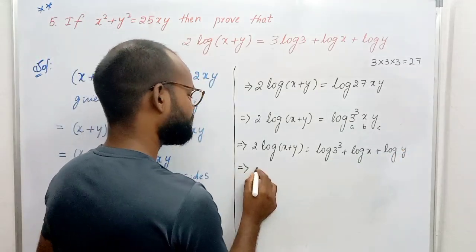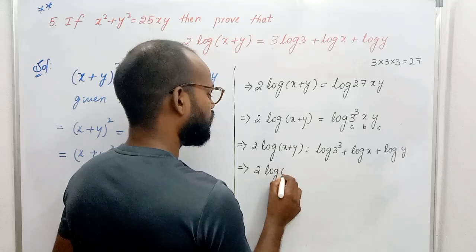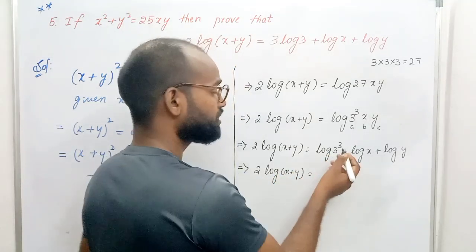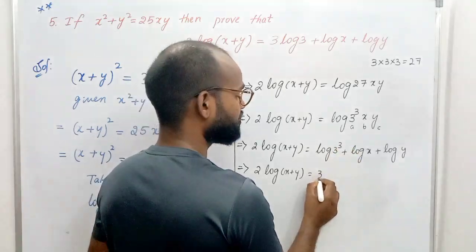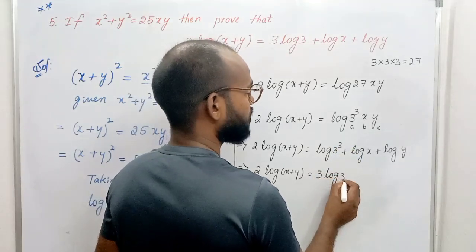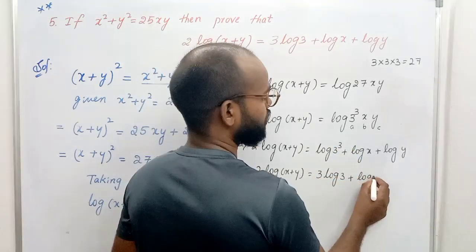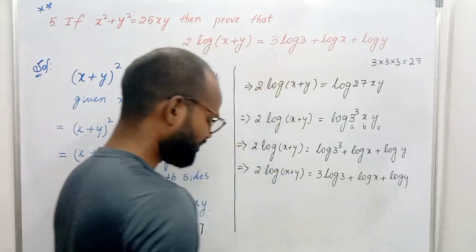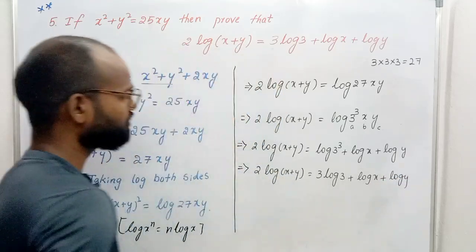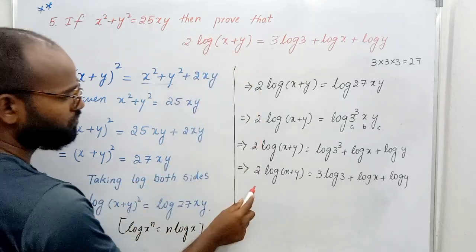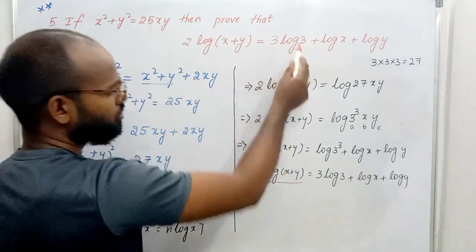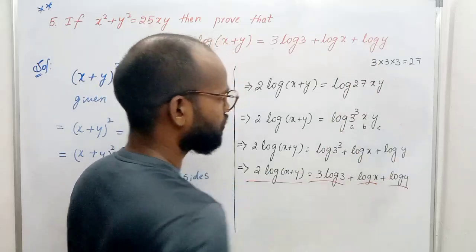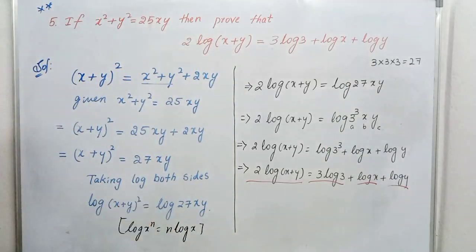Next step, 2 log of x plus y is equal to 3 log 3 plus log x plus log y. Let us check our requirement here: 2 log of x plus y, 3 log 3, log x, log y. So all are correct. That's all about this.